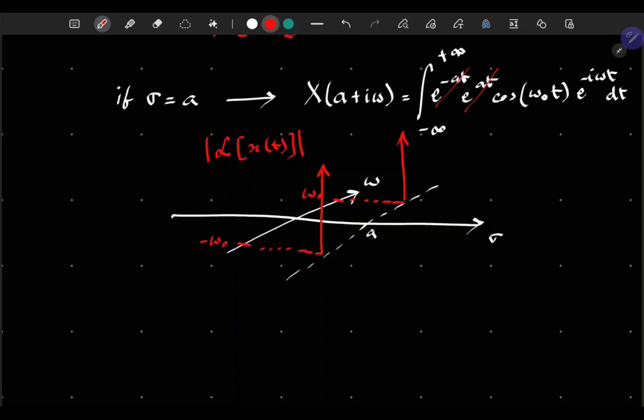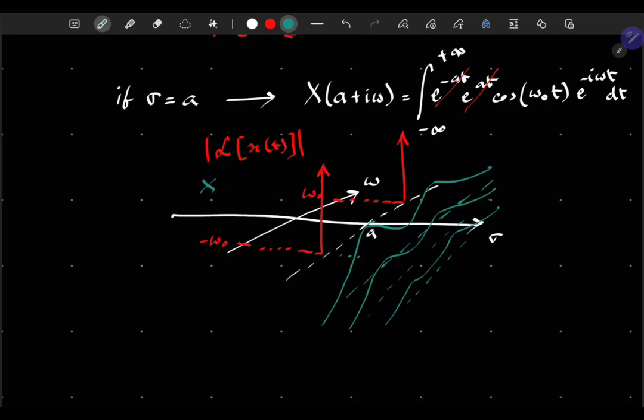Now, when sigma is larger than a, the decaying term e to the minus sigma t will be stronger than the exponential term e to the at. So our integral will converge because our function will actually converge to 0 for t that goes to infinity. So for any sigma larger than a, we'll have some well-behaved function. While if sigma is smaller than a instead, the growing exponential e to the at will actually win in this case, and our integral won't converge.